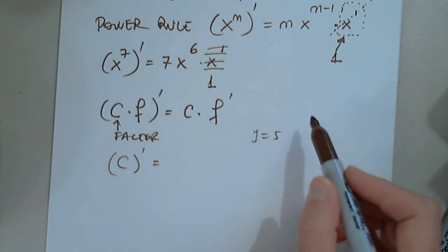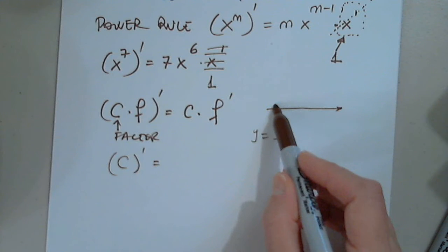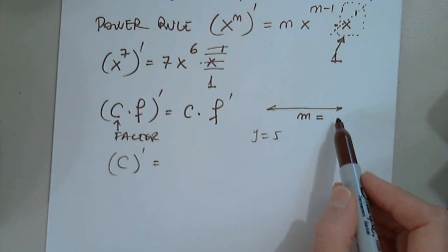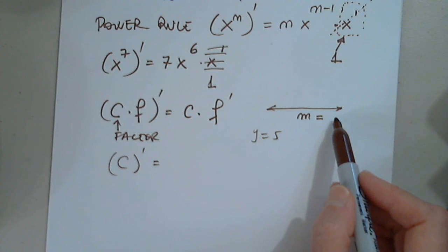So y equals 5 is a horizontal line. What is the slope of a horizontal line? Anyone?